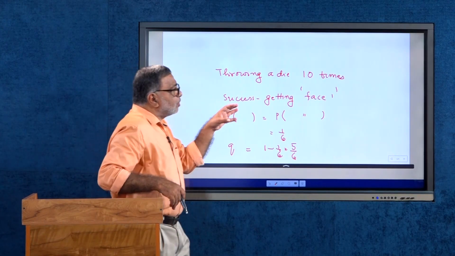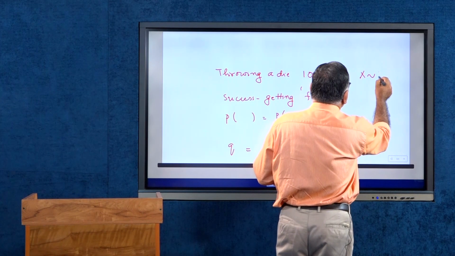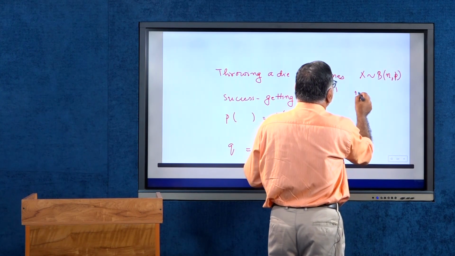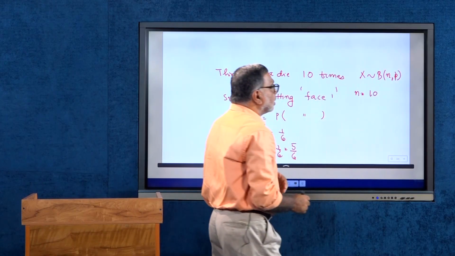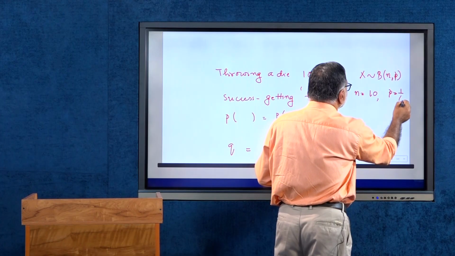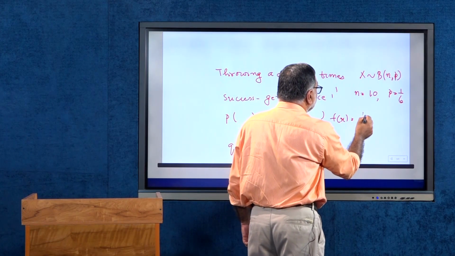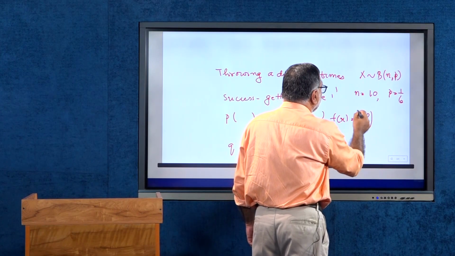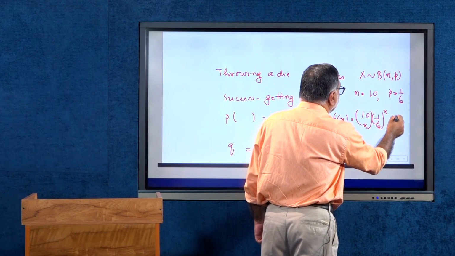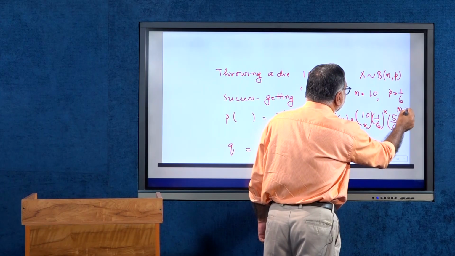So this is a binomial random variable x with parameters n and p, where n is equal to 10, since we are throwing the die 10 times, and p is equal to 1 by 6. So f(x) is equal to 10Cx p^x q^(n-x), that is q^(10-x).